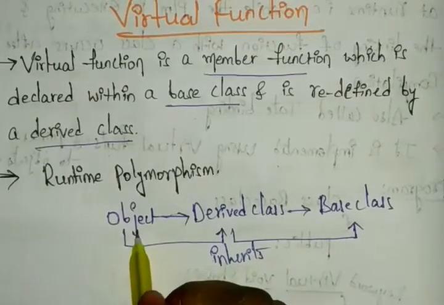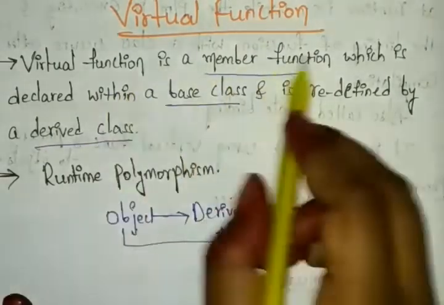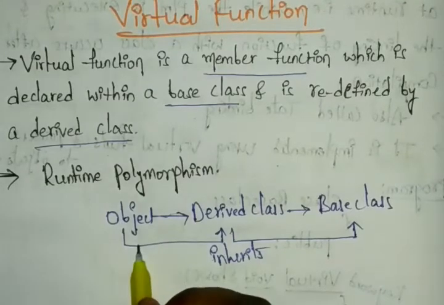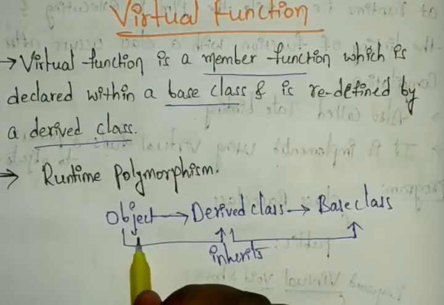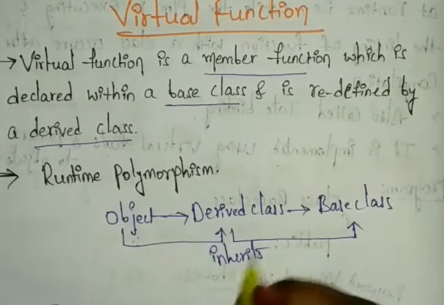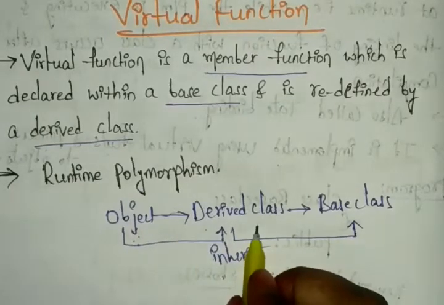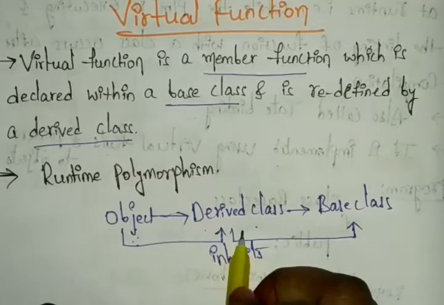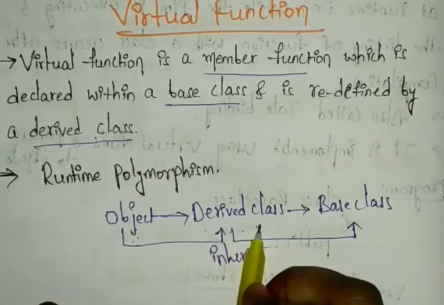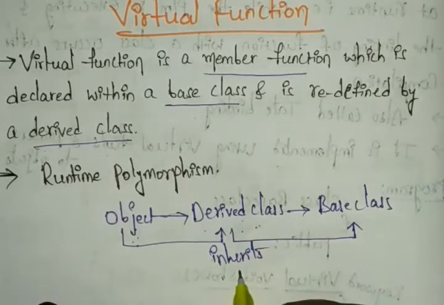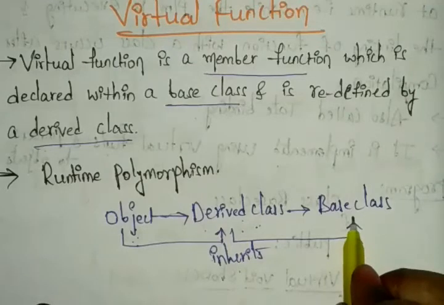First, the object in the virtual function, you are creating the objects, right? So first this object inherits the derived class, like the child class. After that, whatever is in the derived class is inherited from the base class.